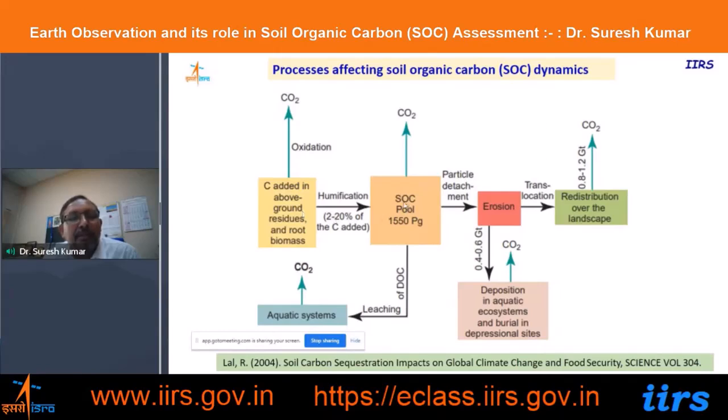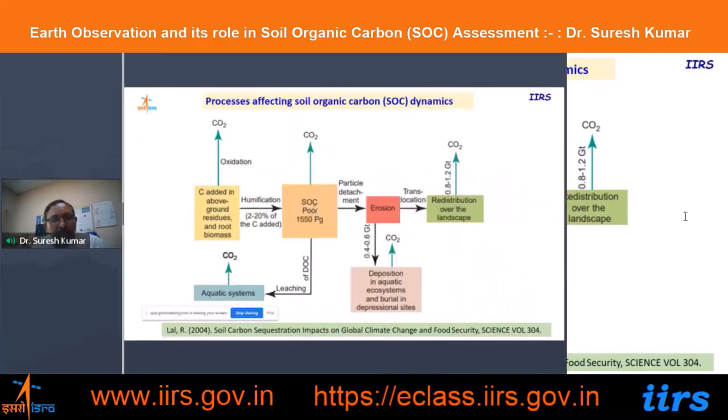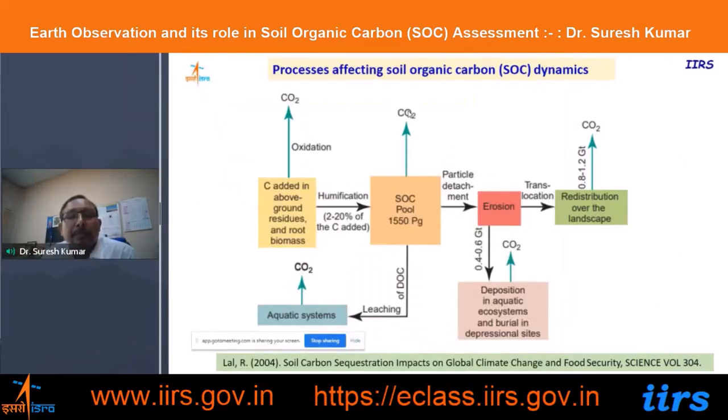All residue doesn't get converted into soil organic carbon. Only 2 to 20% is added to the soil. And as I told you, the soil organic carbon pool is 1500 petagrams, the largest pool on the Earth's surface. This organic carbon pool may be released as CO2 into the atmosphere, and the major cause of release of this CO2 is the soil erosion process.